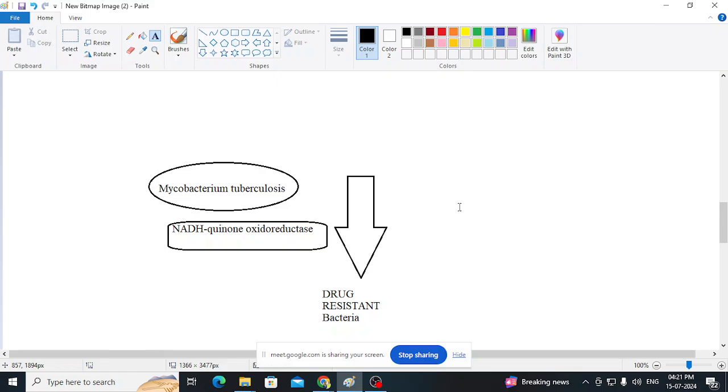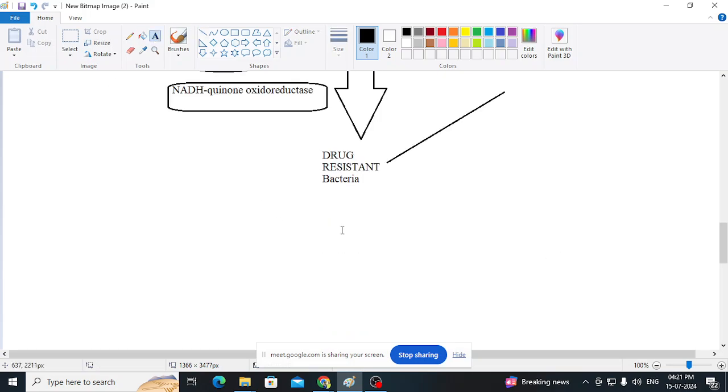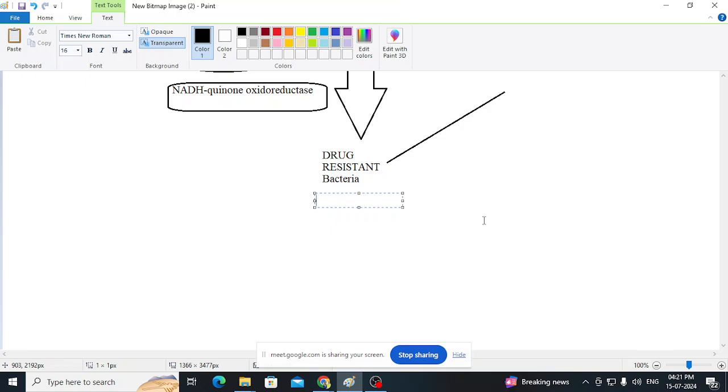Consider that you have done a wet lab study where you have found this particular strategy of this bacteria to become drug resistant. We have already discussed that the drug resistant phenotype of a bacteria is an evolutionarily advantageous phenotype.